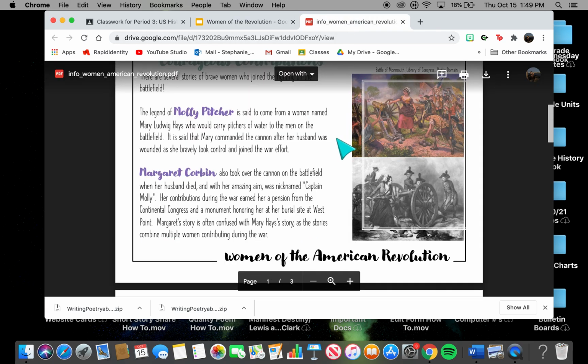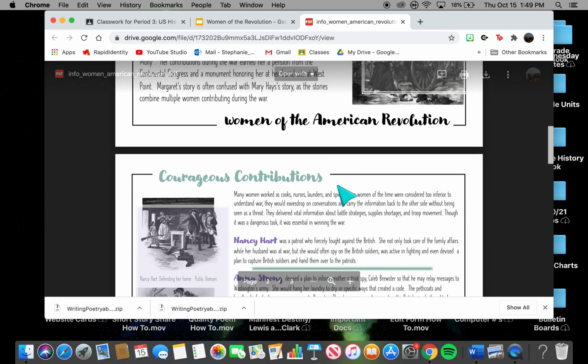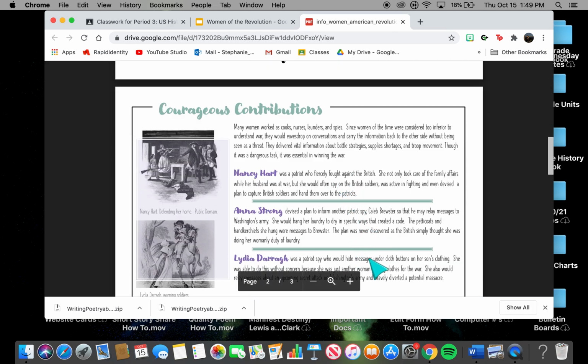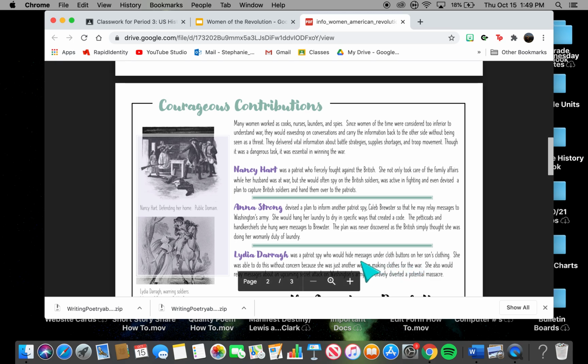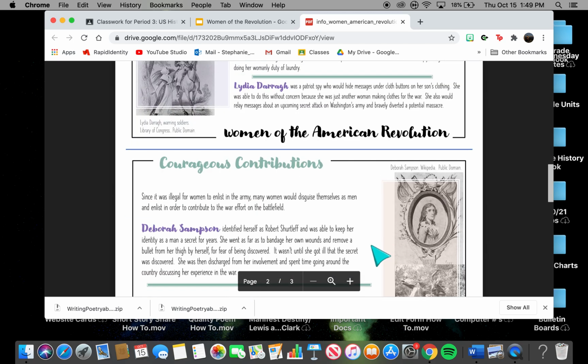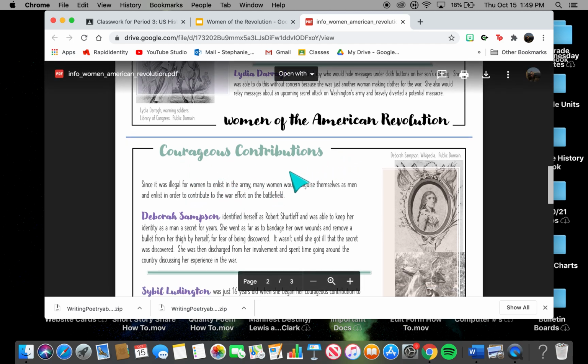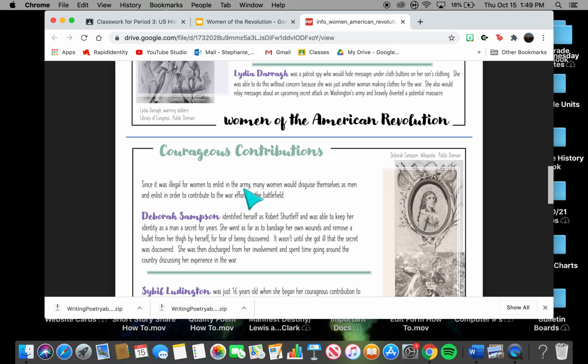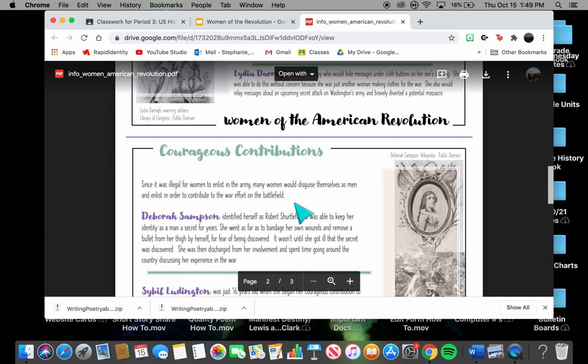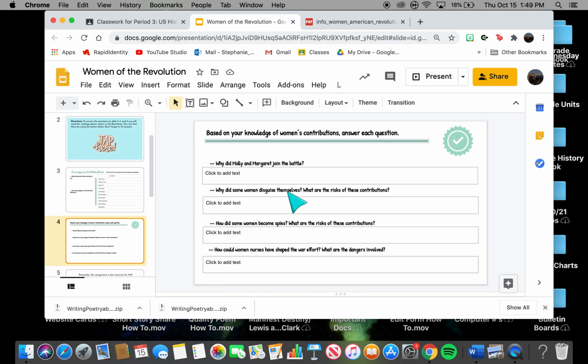So you're going to go through and find people who dressed as men so they could participate in the war. So it looks like they would hide messages. Here we go. So courageous contributions. You're going to find your answer within here. It says it's illegal for women to enlist in the army. Many women would disguise themselves and enlist in order to contribute to the war on the battlefield. So that gives you an idea of where to find that.